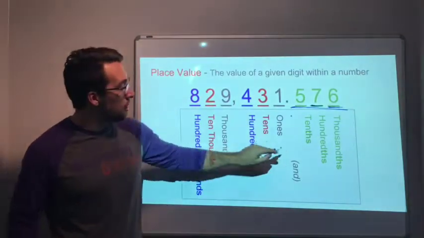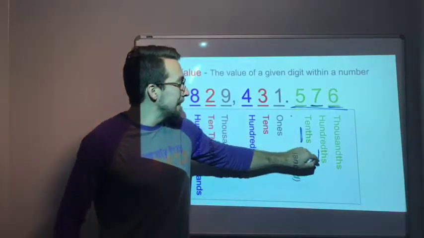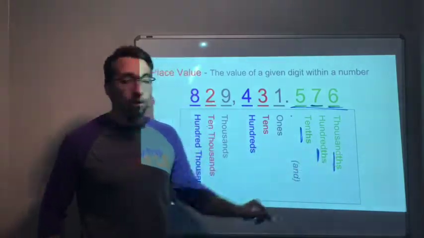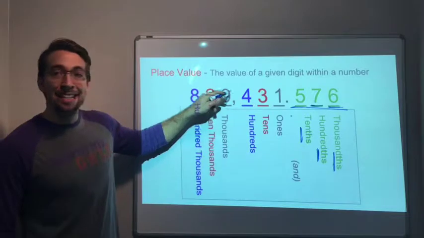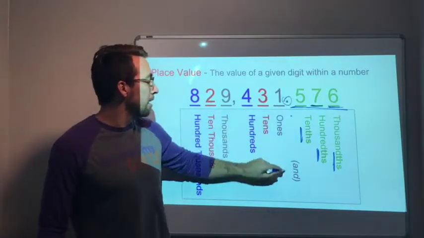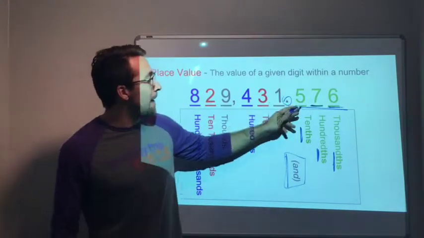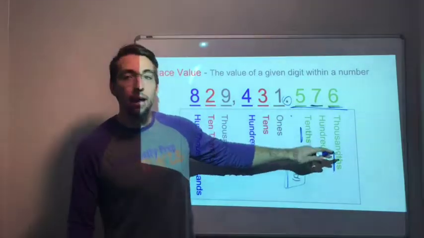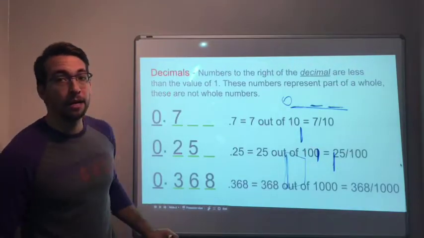Notice all of these, T-H-S: tenths, hundredths, thousandths place. So 829,431, and this decimal point is always called "and," 576 thousandths. Interesting enough, it's pretty cool.